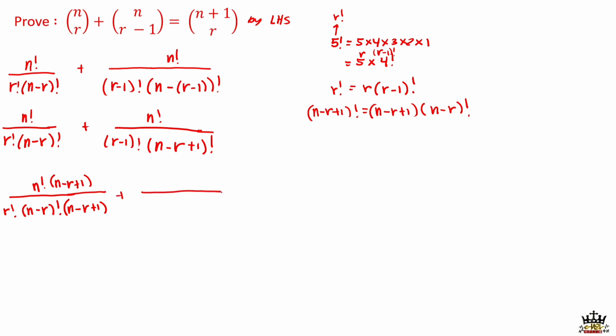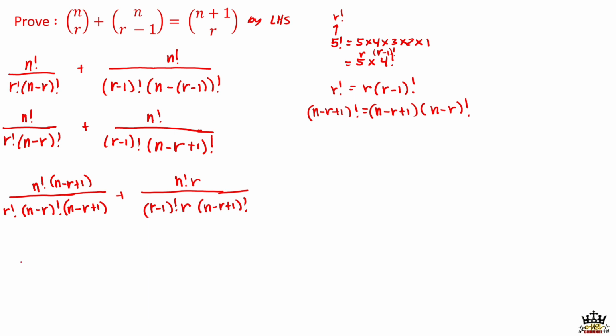Plus, to get the r factorial in the next term, we multiply r minus 1 factorial by r, so we have r minus 1 factorial times r. Then copy this, and whatever you multiply here must be multiplied to the numerator, so we have r.